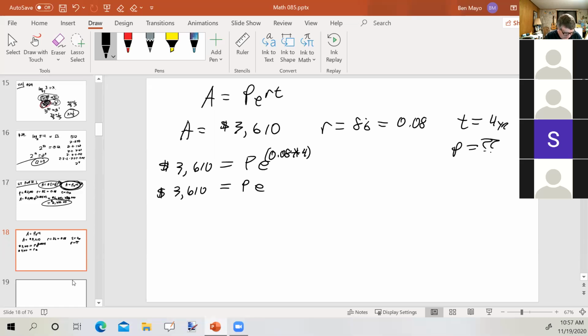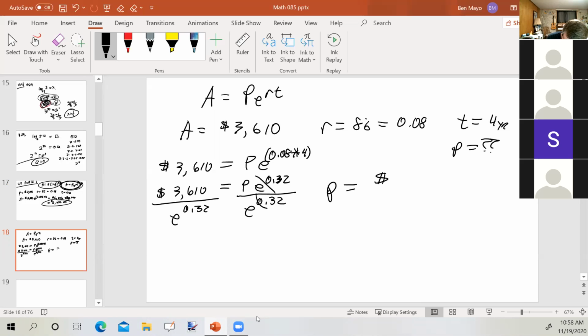I'm going to take 0.08 times 4, which becomes 0.32. Now, to solve for P, I'm going to divide both sides by e to the 0.32 power.